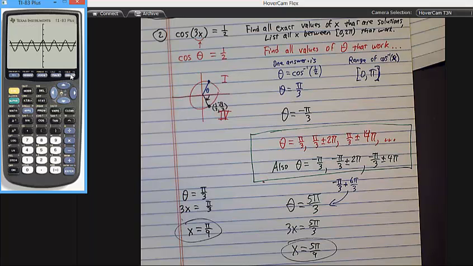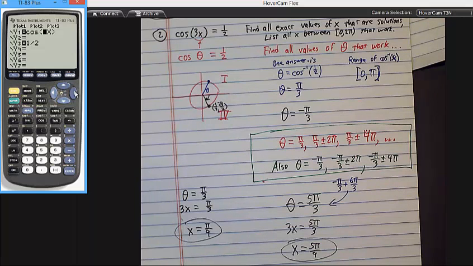Now, again, pay attention here. When I graph cosine of x and I ask where that meets y equals 1/2, if I'm just looking between 0 and 2 pi, there are two places, right? Here and there.